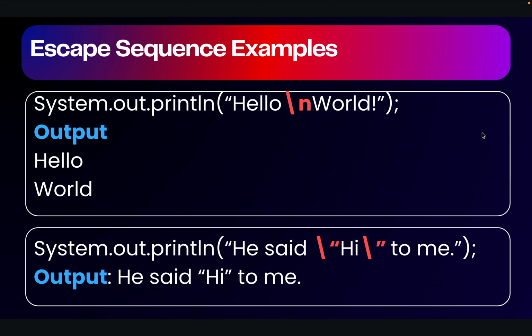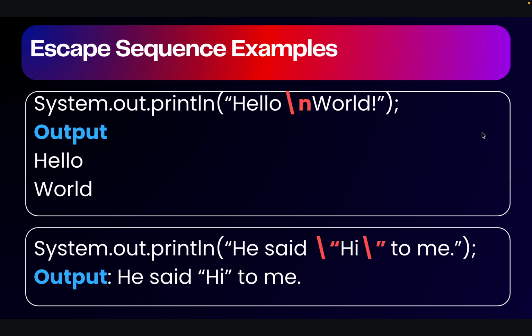In the second example, we have the backslash double quote, which is going to allow us to use a double quote in our print statement, because remember, a string is represented by a double quote. So if you just use a double quote by itself to represent a double quote, your program is going to think it's a string and it's not going to work out how you believe it is.